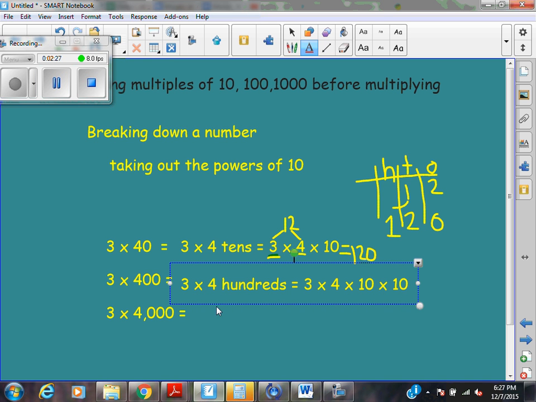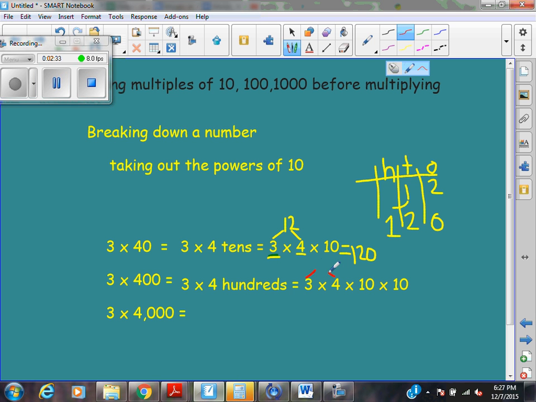And so since we already know that 3 times 4 is 12, and we know that 12 times 10 is 120. We know that we're moving it over yet another place in the place value chart, which is going to add another 0 behind it. So there's my 120.